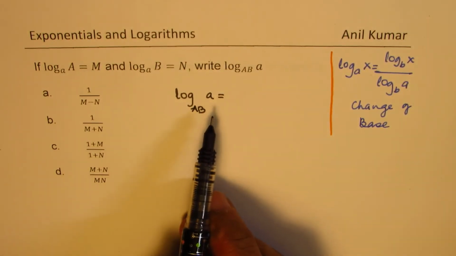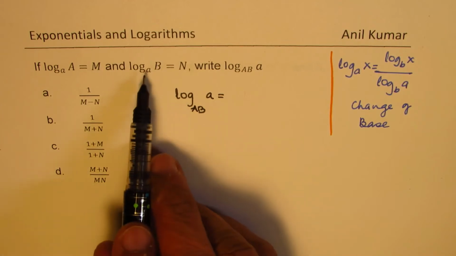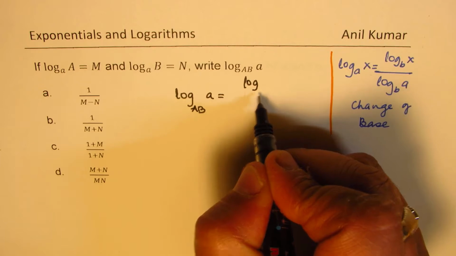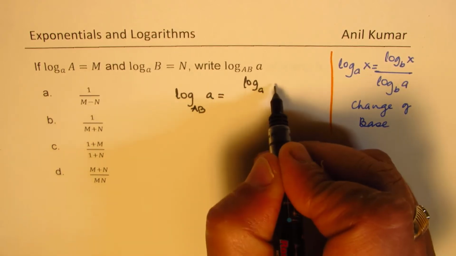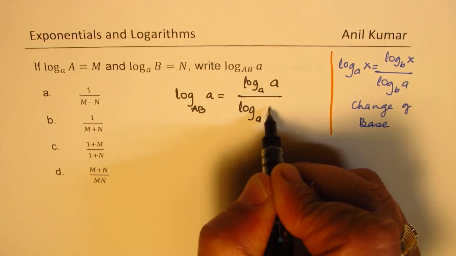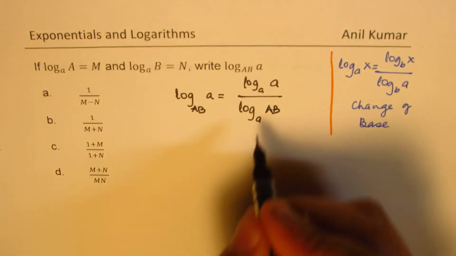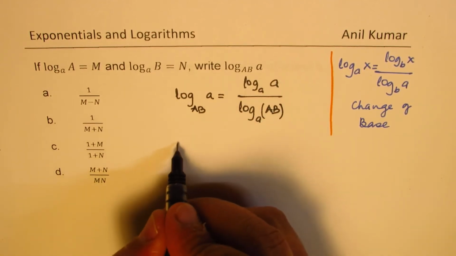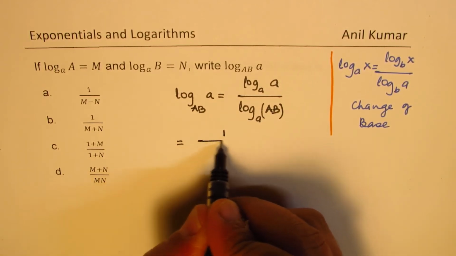So what we should do here is change the base to a, since we are given in terms of a. So we'll write this as log to the base a of a divided by log to the base a of ab, correct? Now log to the base a of a is 1, so we can write this as 1 over.